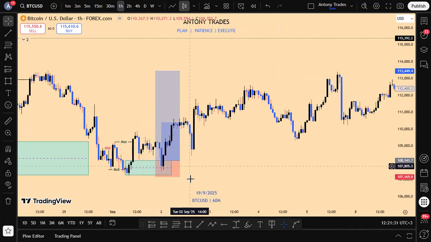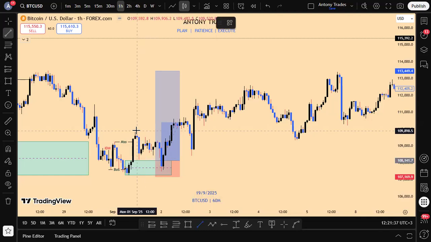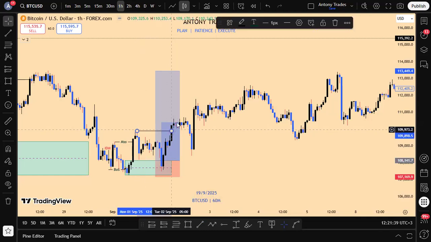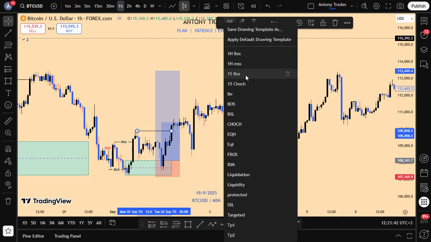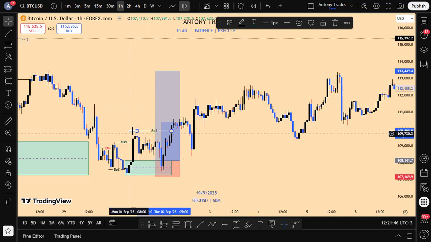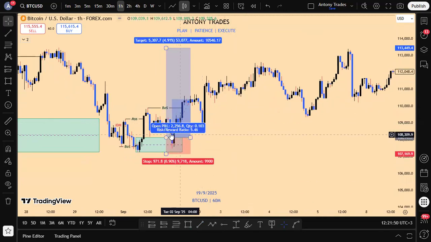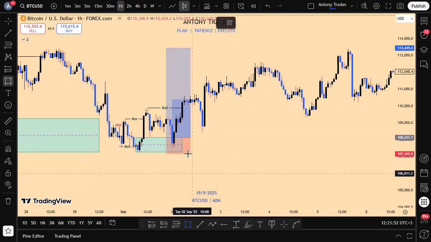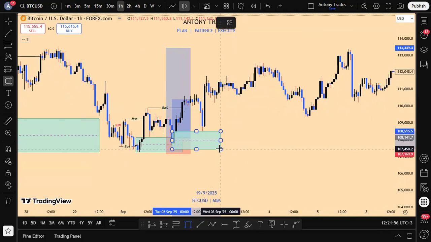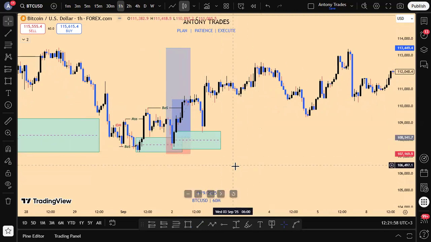Now we have a break of structure. You see, we have a break of structure. Now this is where the idea of scaling in comes in handy. We have a break of structure. After this break of structure, you could have looked for an area to scale in. And you can see very clearly, you have a demand zone down here.